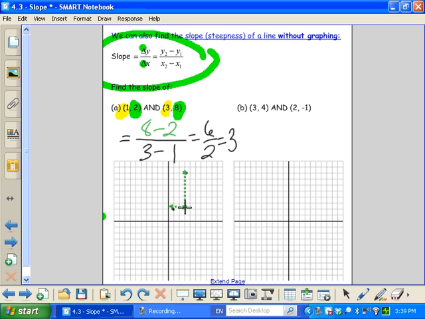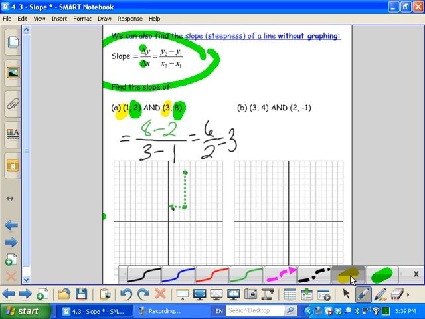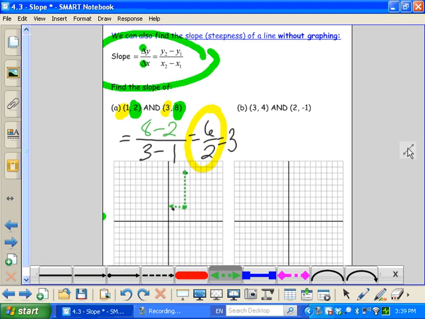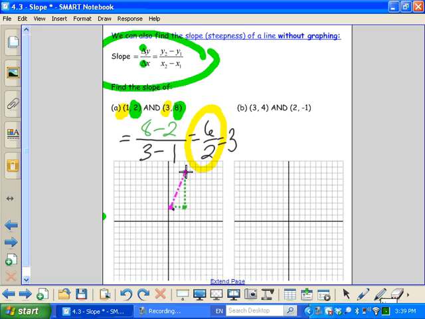Well, your rise is actually 6 squares, and your run is actually 2. That's why we got this 6 over 2 business going on here, right? So if we wanted to actually talk about the slope between these 2 points, that's this pink line that I've just drawn here, the slope of that pink line that connects those two is actually 3, because its rise is 6, its run is 2. 6 over 2 is 3. I'm okay with that, hopefully.